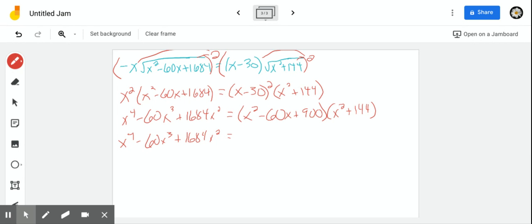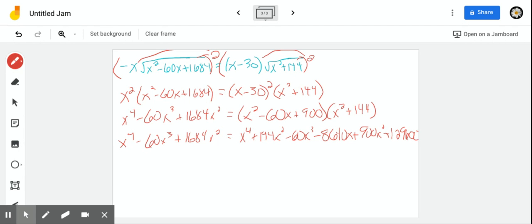It's a big disaster, but we can do it. x to the 4th plus 144x squared minus 60x cubed minus, I have no idea what 144 times 60 is, 8640x plus 900x squared plus 900 times 144, 129600.